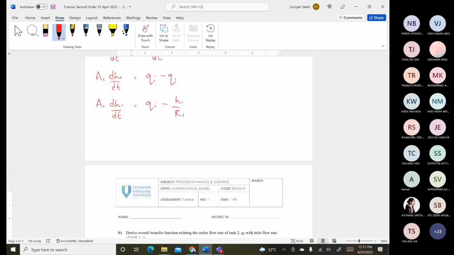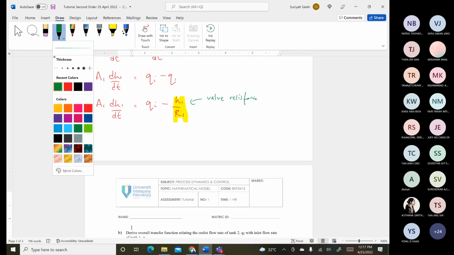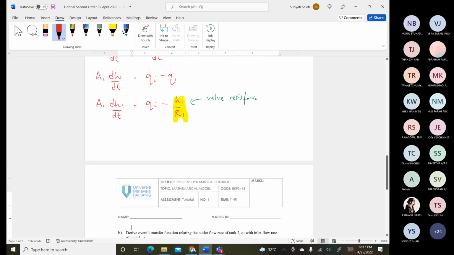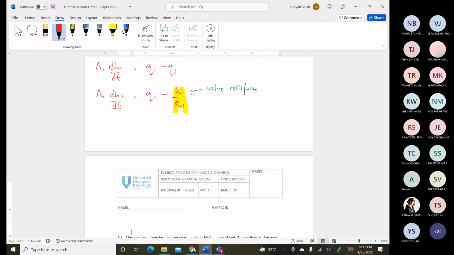So we already substituted the valve resistance. Once we obtain the overall mass balance for tank number 1, the next step is of course to do the Laplace transform and so on.